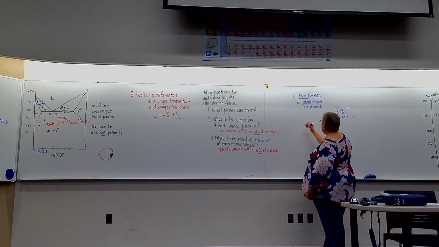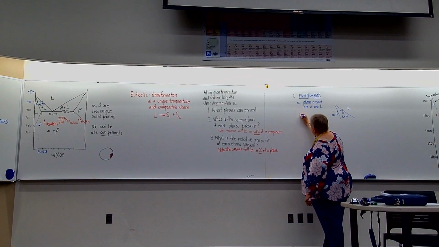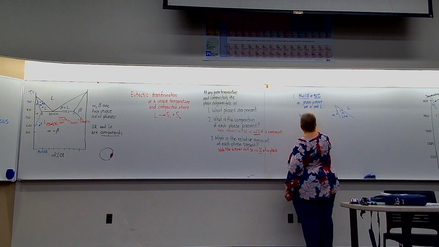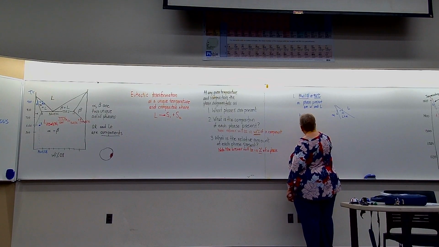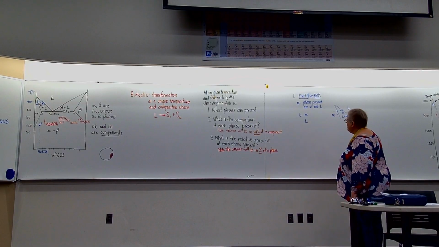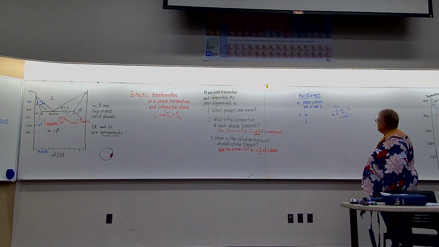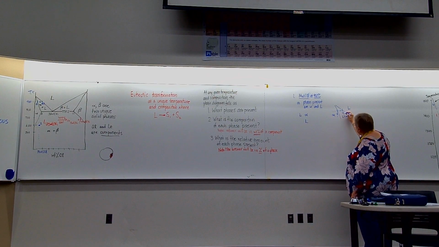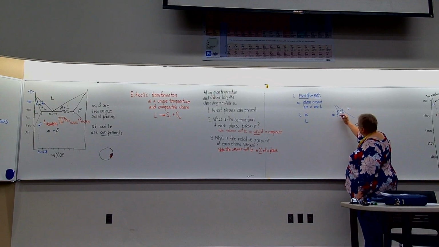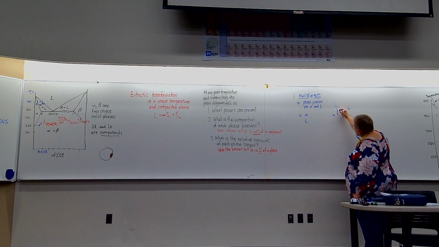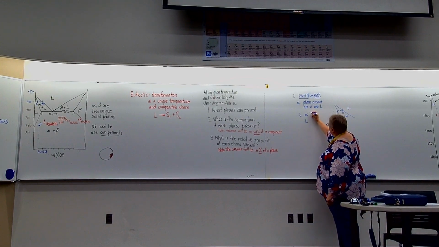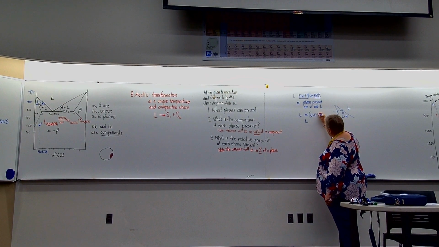So question B or 2. What is the composition of each phase? So I got alpha and liquid, and I need to figure out what is the composition of each phase. That's why I drew this line, and I figured out what this value and that value was. Where I cross this line with alpha, that's 6, that's the composition of the alpha. So alpha is 6 weight percent nickel.